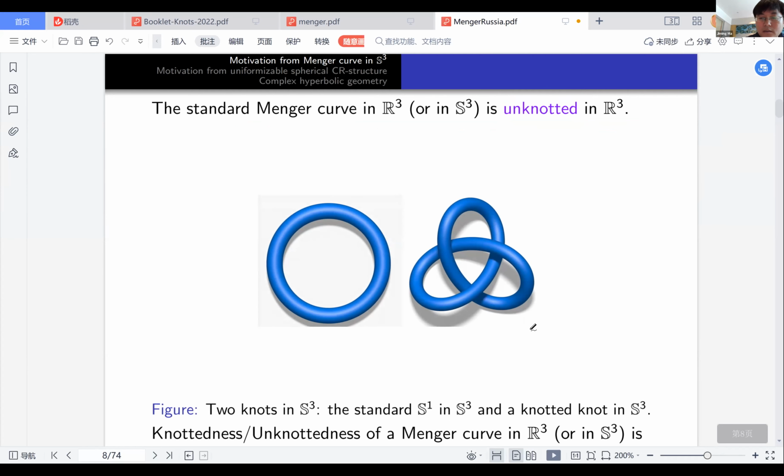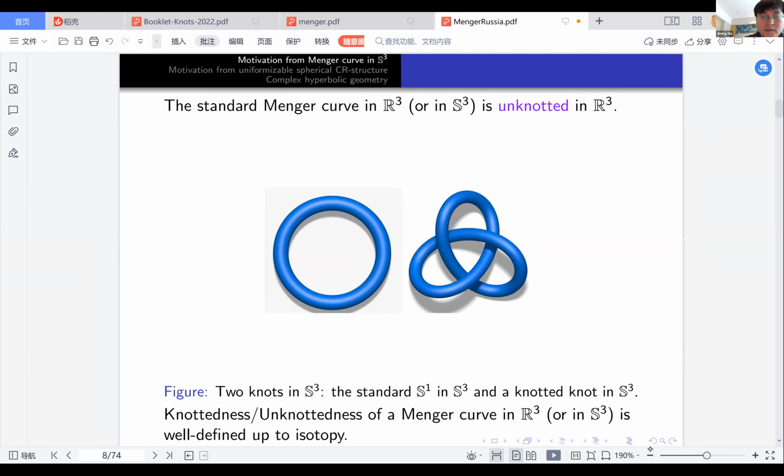Notice that unknottedness of the Menger curve in the three space is well defined up to isotopy. For example, an embedding of Menger curve in the three space is unknotted if it is isotopic to the standard one. Otherwise it is called a knotted Menger curve, just like the case of knotted knots and unknotted knots.